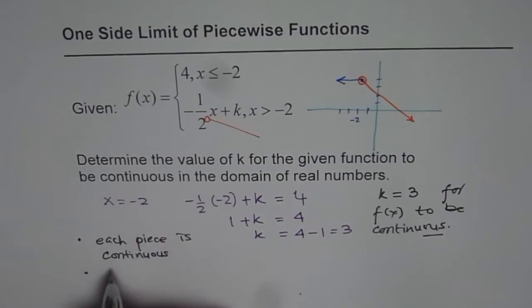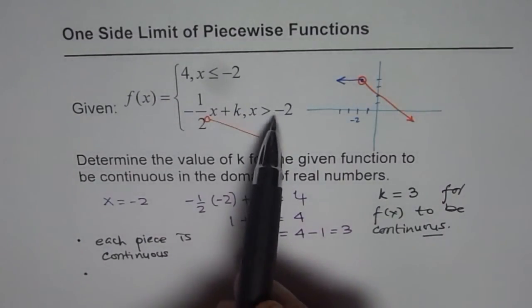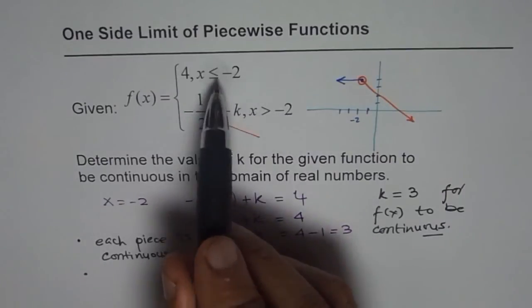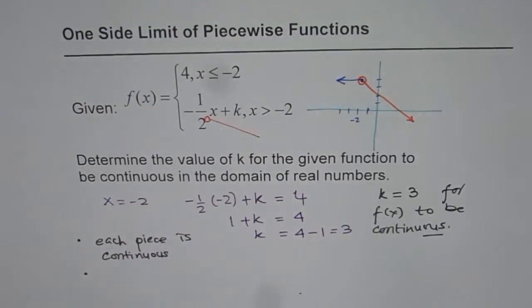So we have two different pieces, both are continuous, right? The discontinuity is at that point where we are splitting the pieces. So if we have the same value of the function at that point, then the function will be continuous.